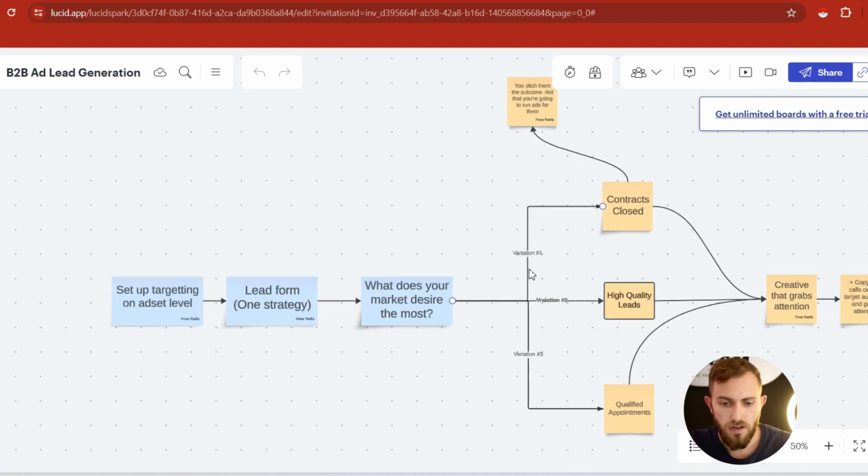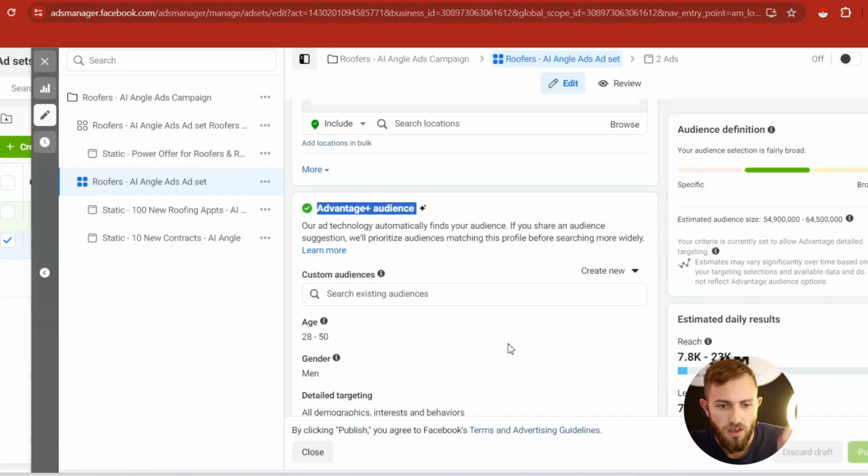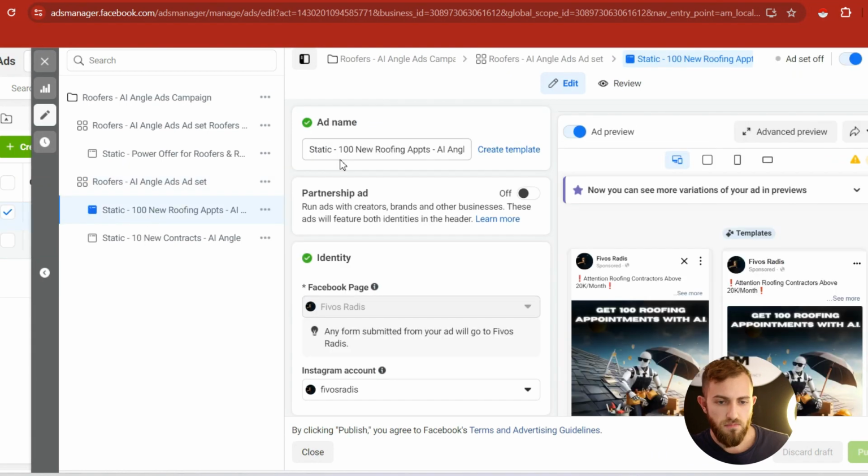And if you're not very certain of what they want, then you can create variations and see which variation has the most success, and then continue with that one and optimize and scale that specific variation. Okay, fantastic. So now let's go into the actual ad. The best variations for this specific industry that I was going after were appointments and contracts. All right, so this is what I continued the ads with.